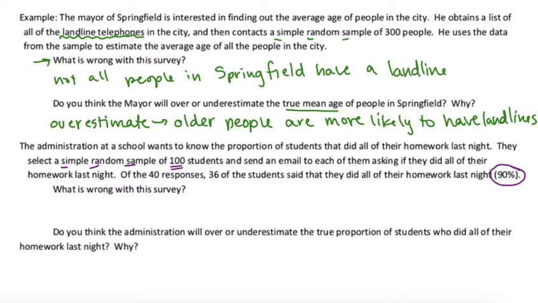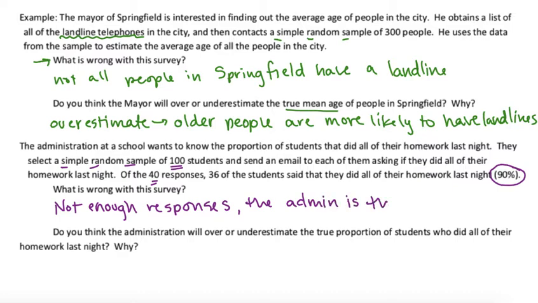Okay, they sent out 100 surveys and only got 40 responses back. This is an issue because there are not enough responses. It also could be the admin is asking the question. Those are two things that could be wrong with this survey.